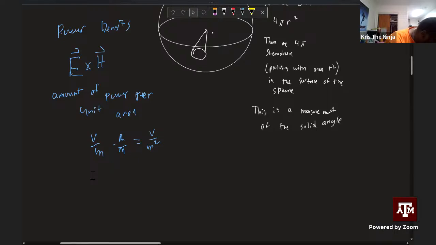I'm trying to find it because it was chewing me up and spitting me out last exam. Bree, do you have a power density equation written down? I'm trying to find it so I can write it down again, the original power density equation.